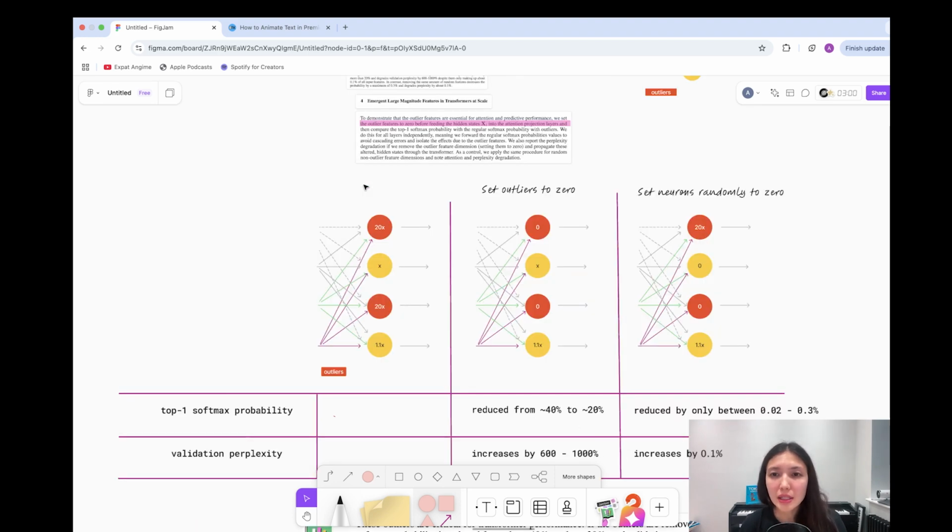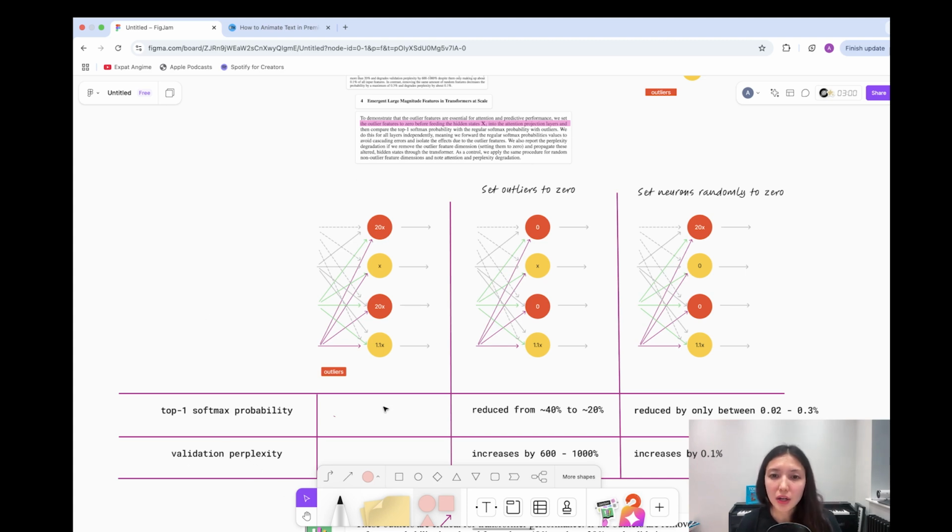They also created another control version of the model where they set neurons to 0, but this time randomly. They compare the performance of these three models using top 1 softmax probability and validation perplexity.